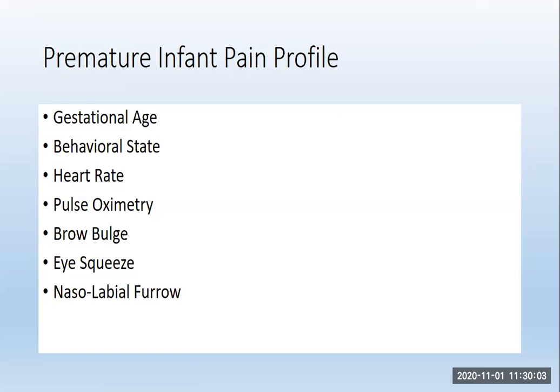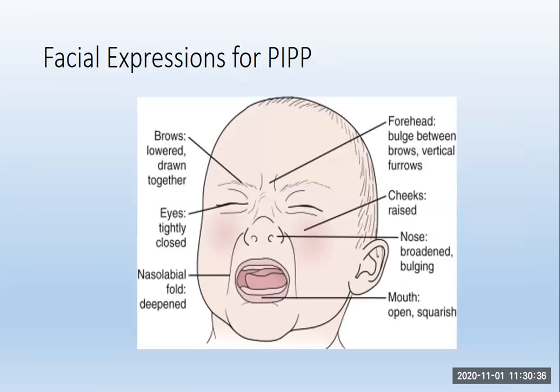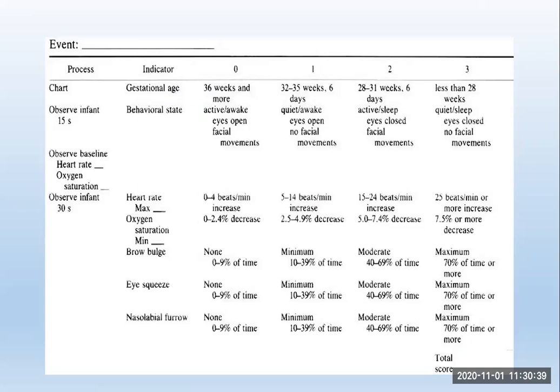So the name is actually a misnomer, but you should not worry that it is only for premature newborns. It is also for term newborns, which includes these 7 components. One is gestational age, second one is behavioral state, third one heart rate, fourth is pulse oximetry, brow bulge, eye squeeze, and the last one is nasolabial furrow. So these components are all scored 0, 1, 2, 3.